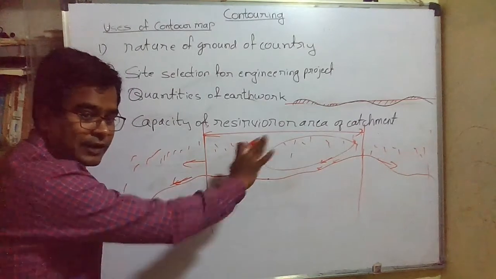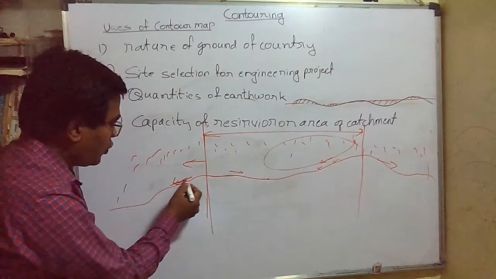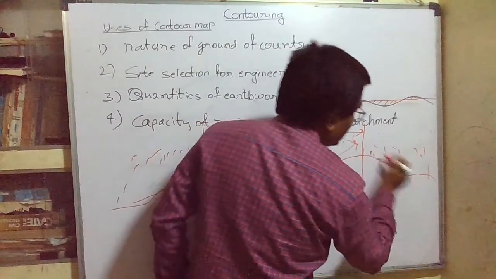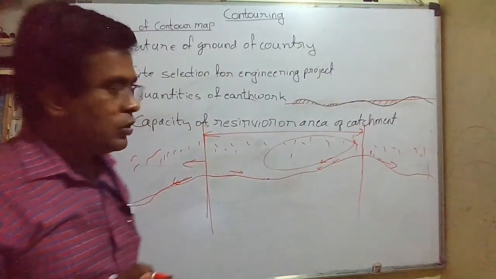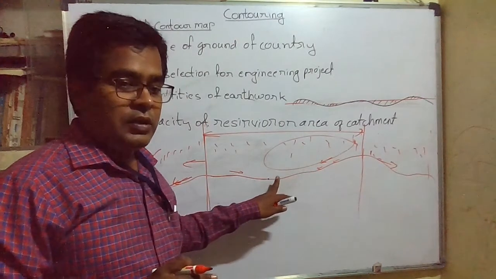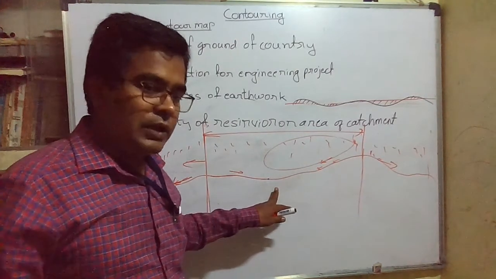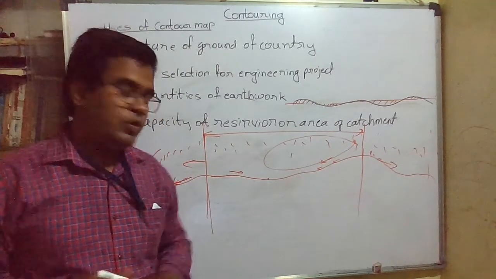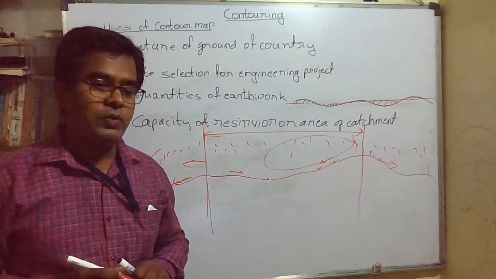Will it flow against gravity? No. It will flow with gravity and go to some other area. Again this will also go to some other area. So by studying the contour map, we can first decide the nature of the ground, and from that we can calculate the catchment area, the area contributing to the river water. Got it? What is catchment area?